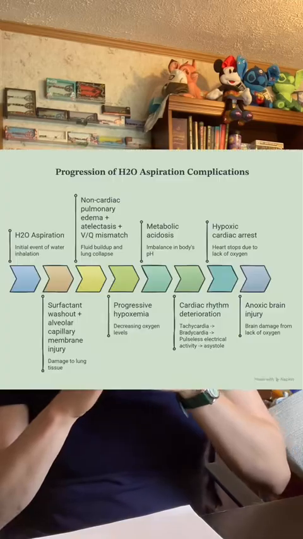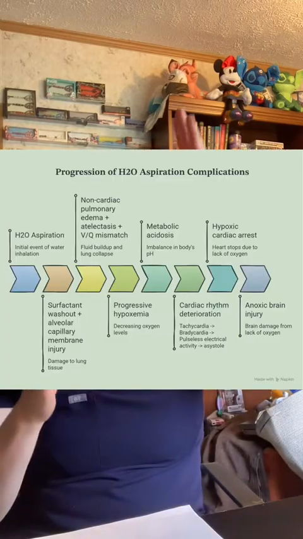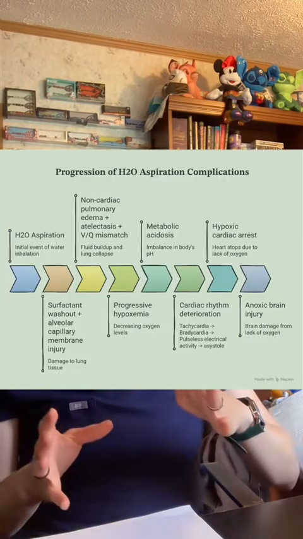So the non-cardiac pulmonary edema plus the loss of surfactant plus the increased permeability all then lead to a VQ mismatch, a ventilation perfusion mismatch. We have this hypoxia that's not improving, and we're not going to be able to perfuse, so the scales tip here, and this results in profound hypoxemia.